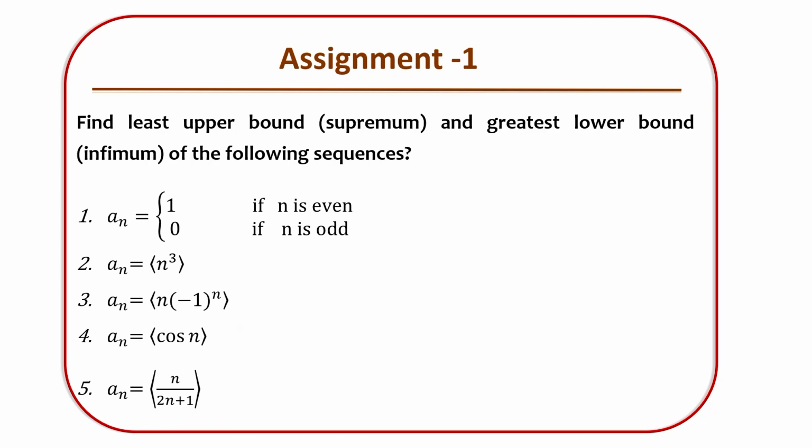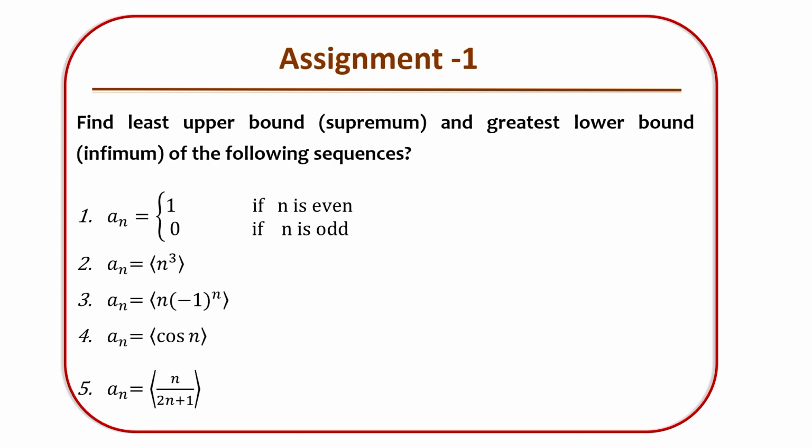You must know how to evaluate the supremum and infimum of a set by using the collections of the upper bounds and lower bounds and finding the least upper bound and the greatest lower bound. So these assignments will boost up your concepts of these lectures, right.